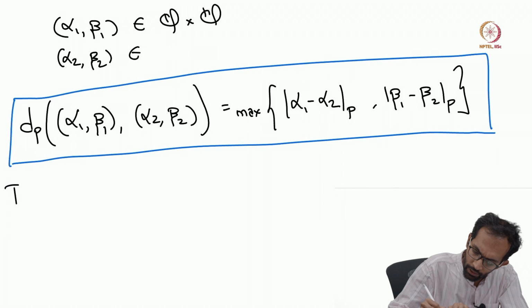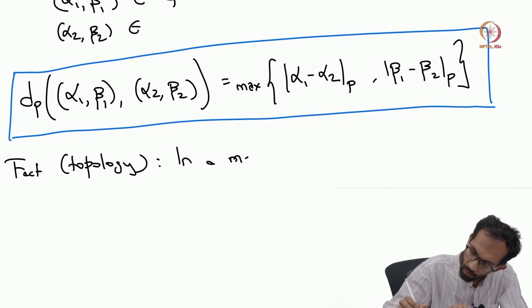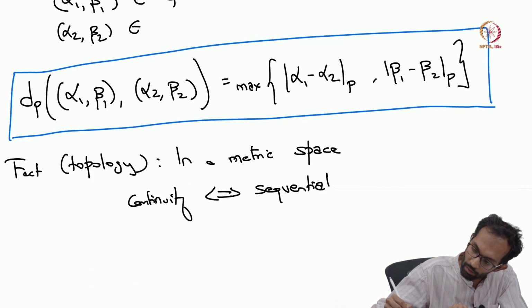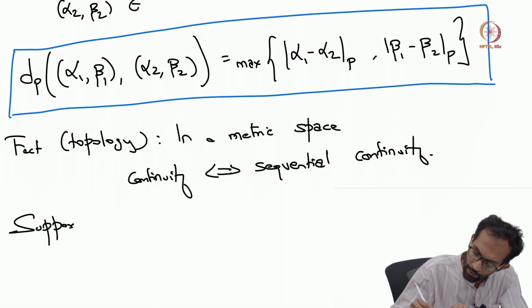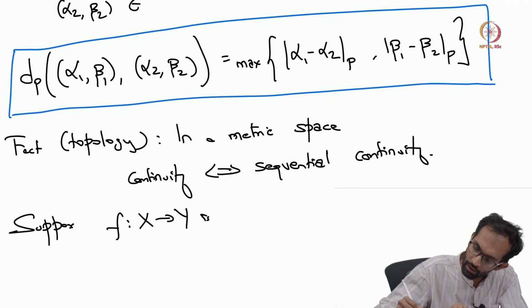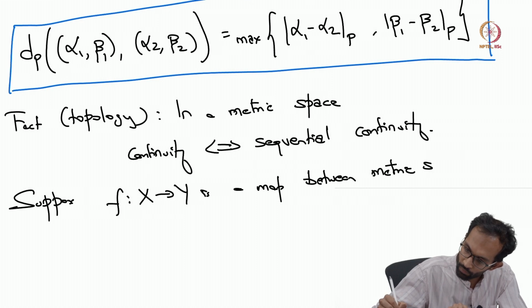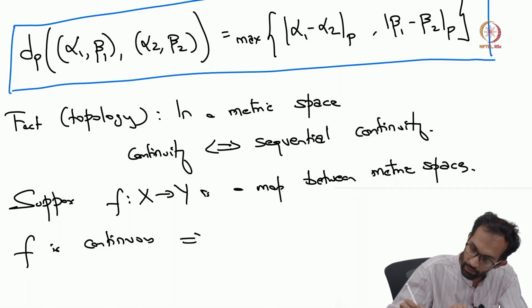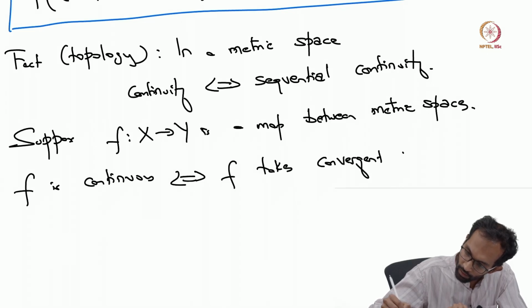And again, some more facts from topology. So in a metric space, continuity is the same as sequential continuity. So suppose you have a map, say f from X to Y, and it's a map between metric spaces. So it turns out that f is continuous if and only if f takes convergent sequences to convergent sequences.